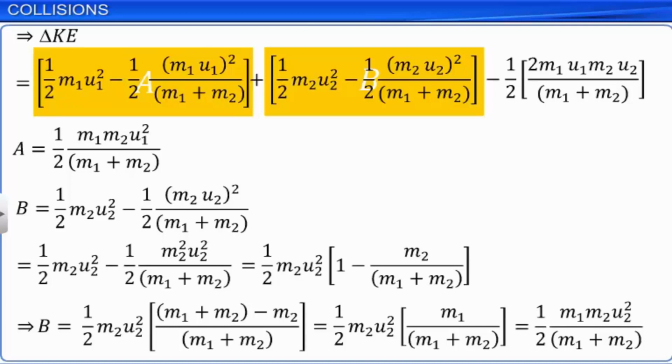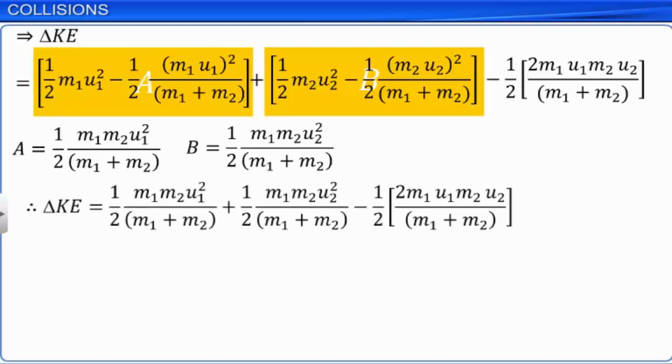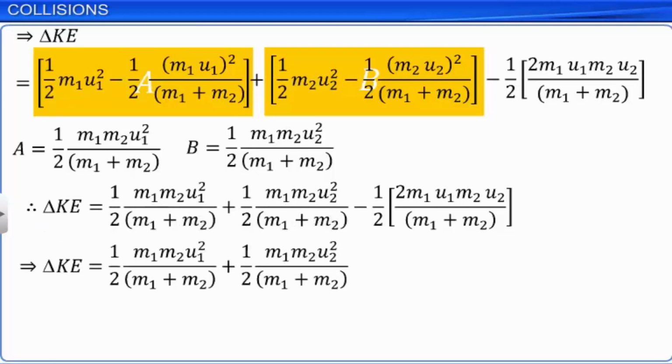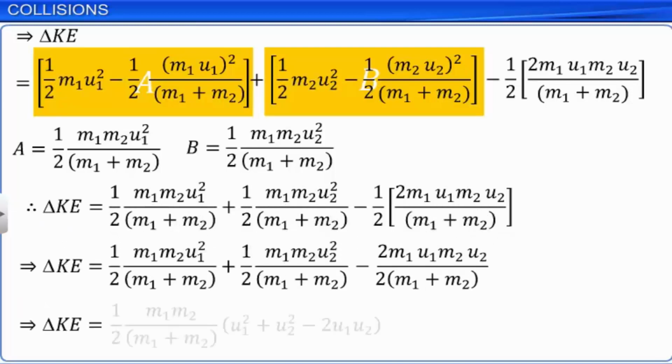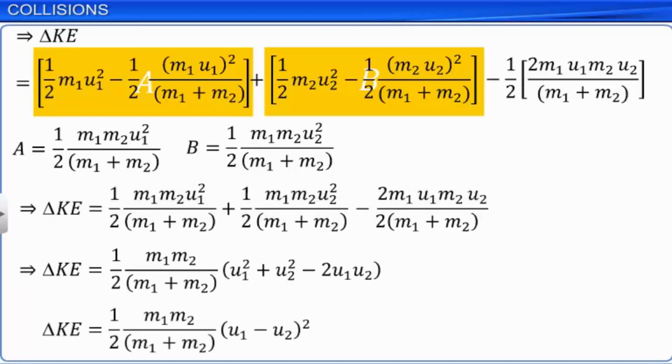Thus, the loss in kinetic energy in a completely inelastic collision is, on further simplification, half m1m2 by (m1 plus m2) into the square of (u1 minus u2). Let this be equation 13.